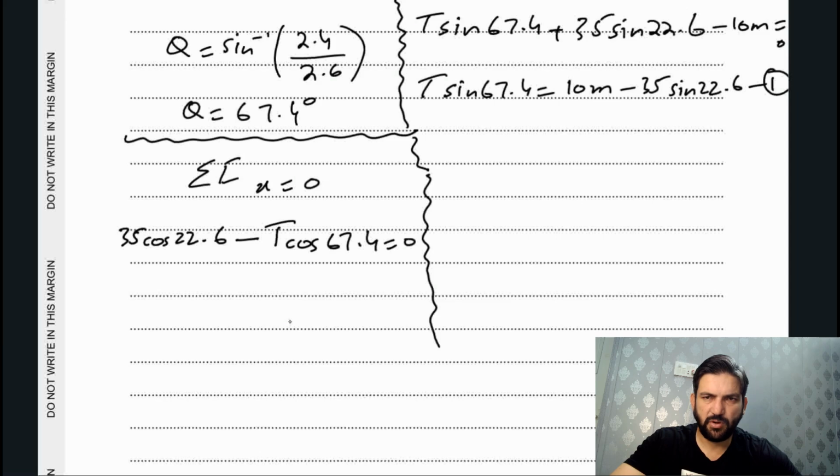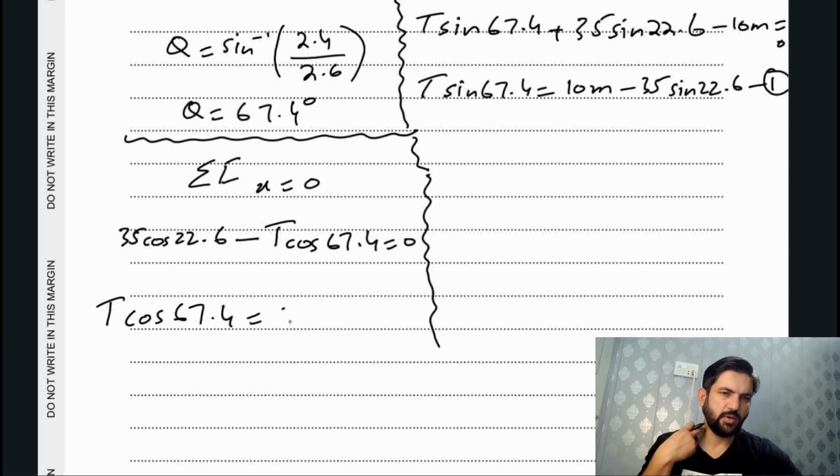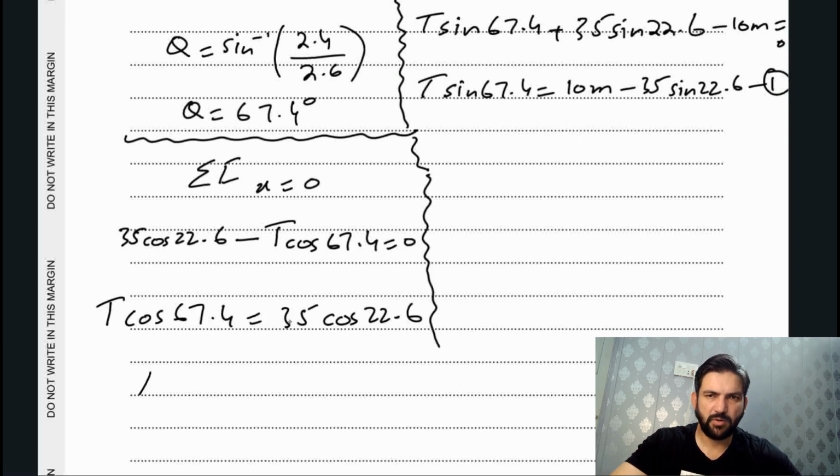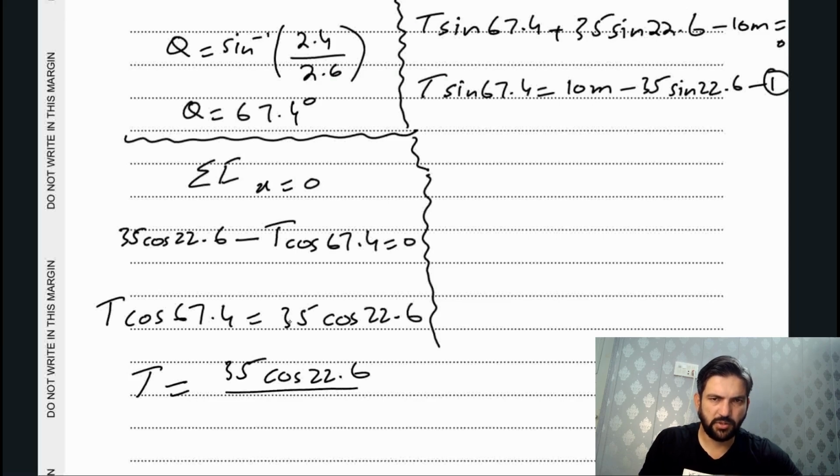Now from here we can easily find out the value of T. So T cos of 67.4 is equals to 35 cos of 22.6, and then T will be equals to 35 cos of 22.6 divided by cos of 67.4.